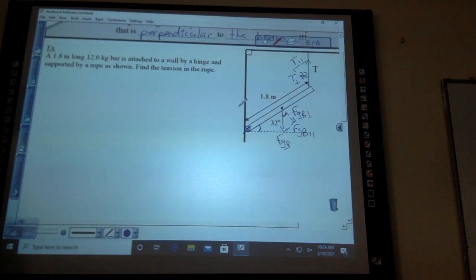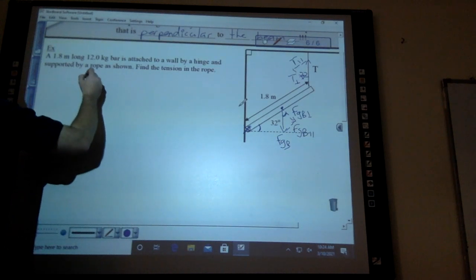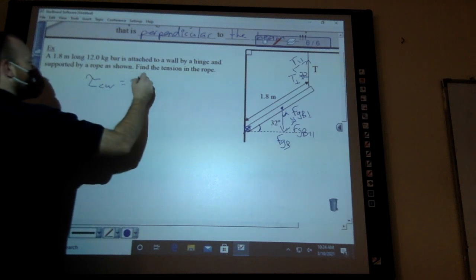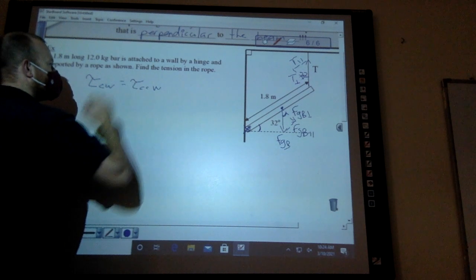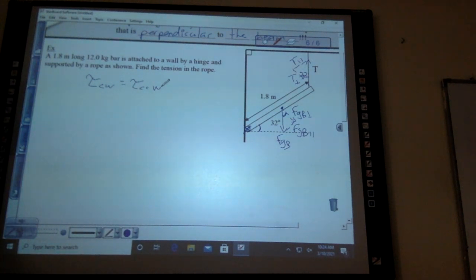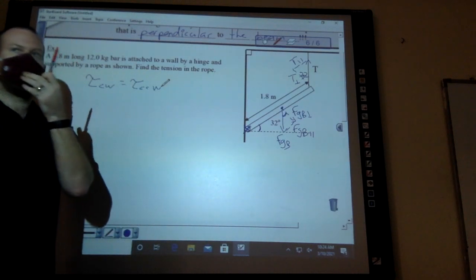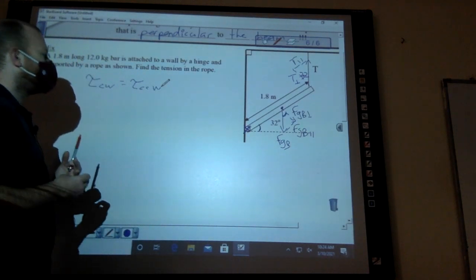Because we need to solve for tension. I don't know all the forces, so I can't do forces up, down, left, right. So we need to do torque equation. Torque clockwise equals torque counterclockwise. And again, you can use this fancy pen trick, which I am probably going to see a lot on the test, to figure out what's clockwise, counterclockwise, if you're at all confused.